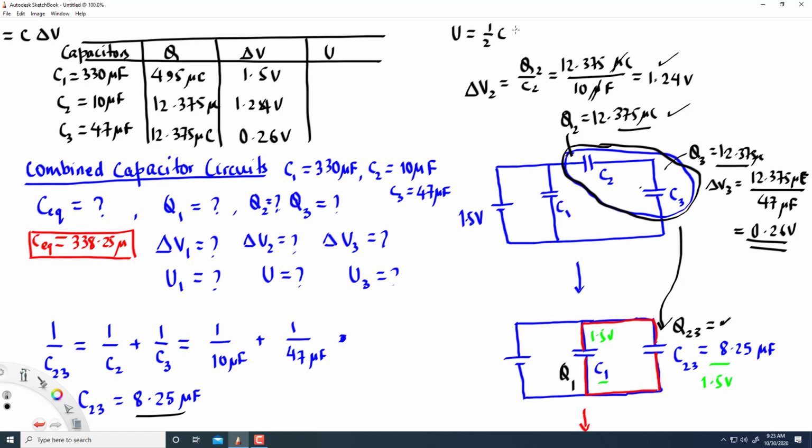U is 1/2 C delta V squared. Okay. You can use this formula, or you can also use it a little bit differently.